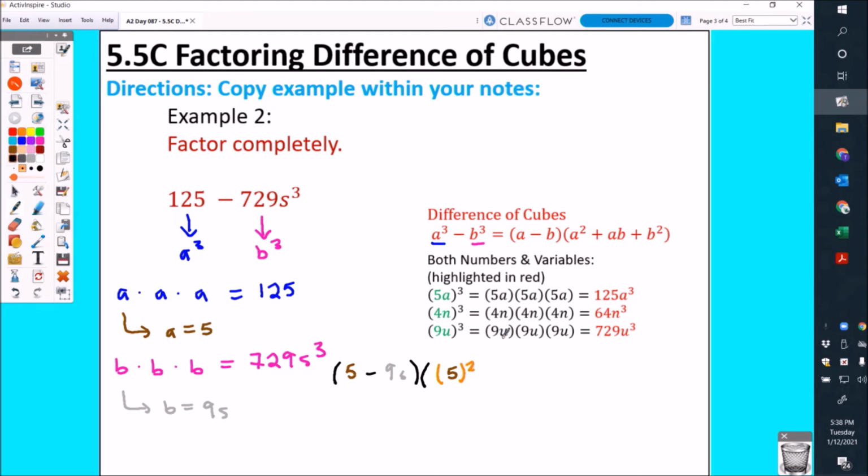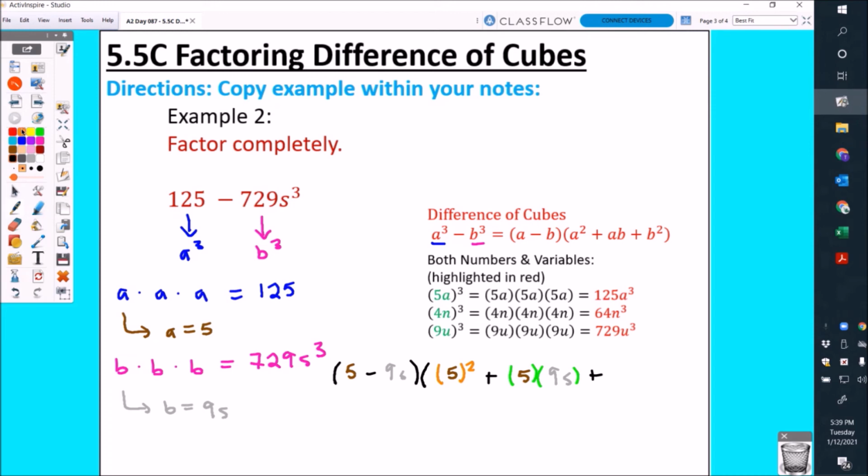Then followed by the plus. Next is our a value times our b value. So it's going to be 5 times our b, which is 9s. After that, followed by another plus.